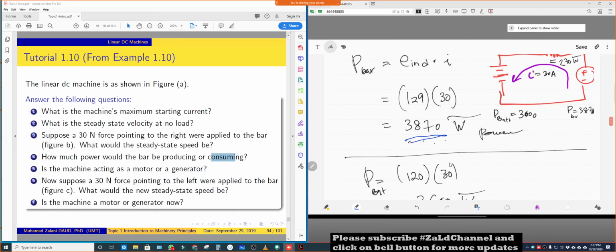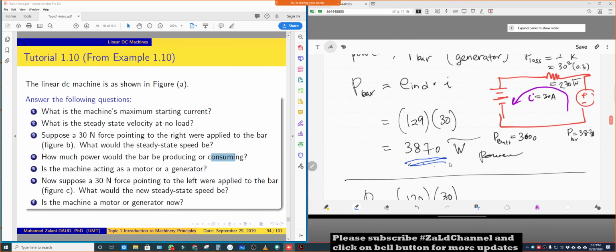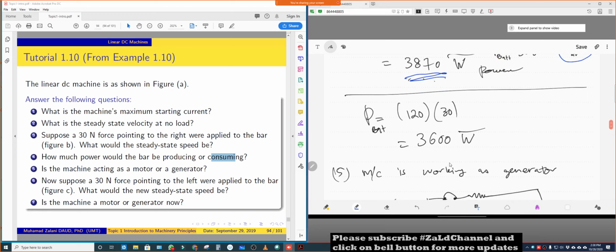So at the bar side, the power is 3870, which is the power at the bar. As you can see in my illustration here, P is 3870, the power from the bar. So that is the answer for question number 4: the bar is producing power, not consuming.